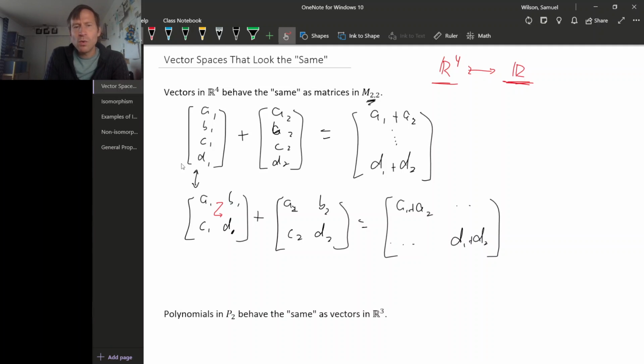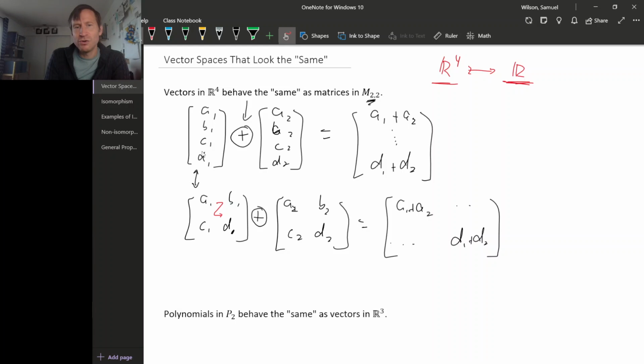What makes this one-to-one correspondence between R4 and M22 special is that the addition we're doing up here in R4 is somehow compatible with the addition we're doing down here in M22.